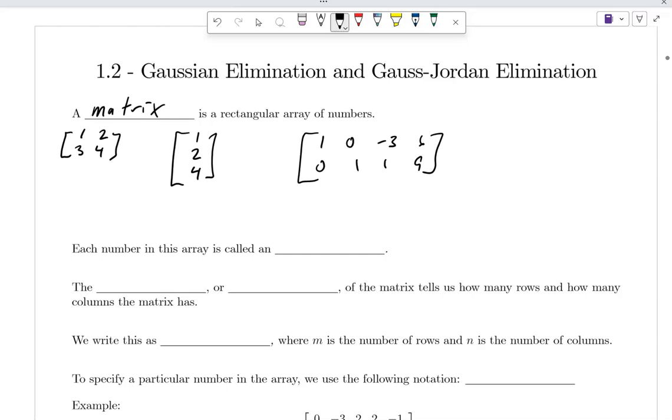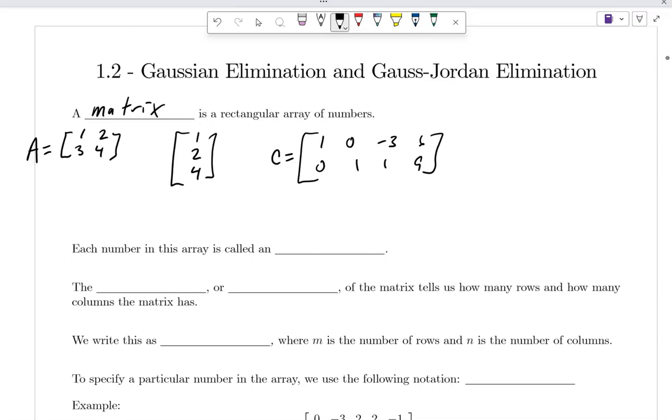Now, by convention, we usually will use a capital letter to denote a matrix. Okay? So maybe this is my matrix, say A here. Maybe this is my matrix, I'll call it C here.